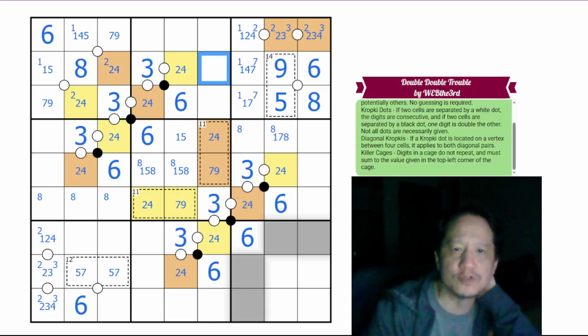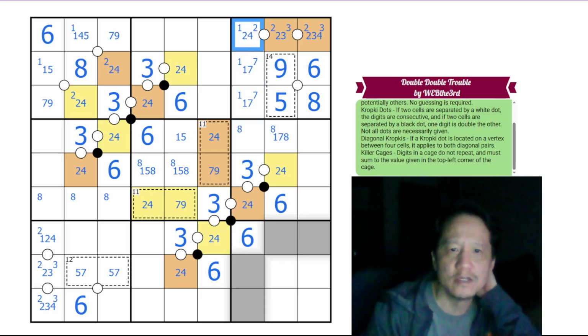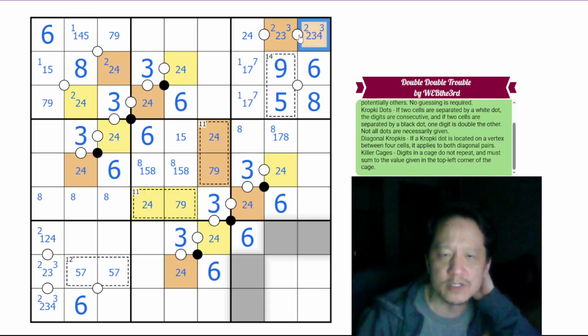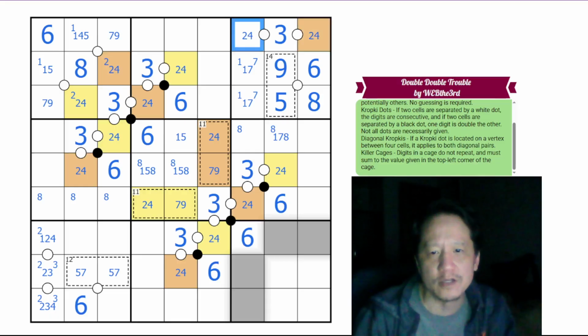So this becomes a 2, 4, 2, 4 pair. So this is a 1, 7 pair, which eliminates 1 and 7 in the rest of the box. So this is 2, 3, and 4 as a triplet, which means 2 and 4 on the edge. This must be 3. So this cannot be the orange 2, 3. This has to be the orange 2, 3. And this must be yellow 2, 3 here.